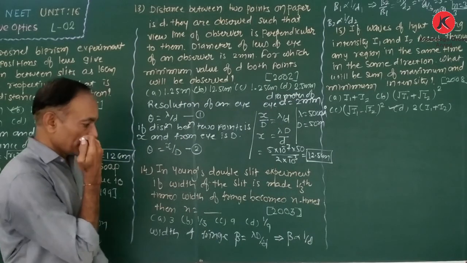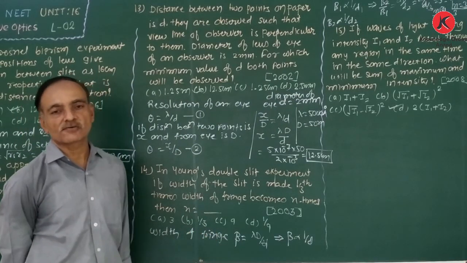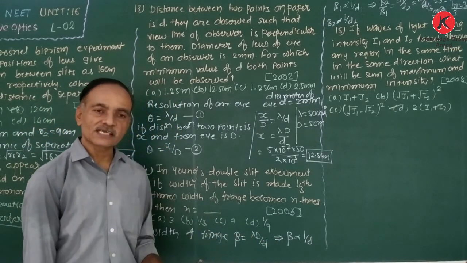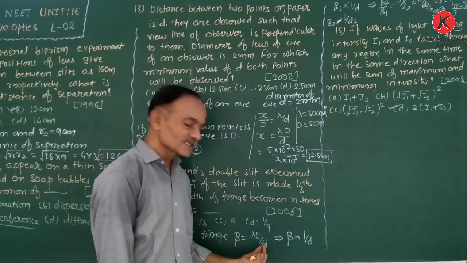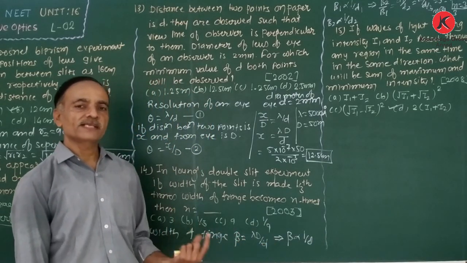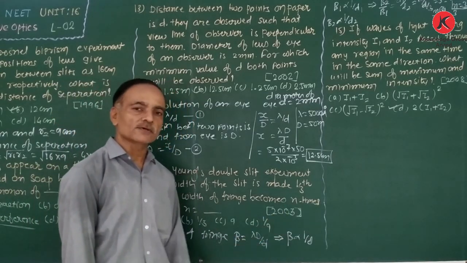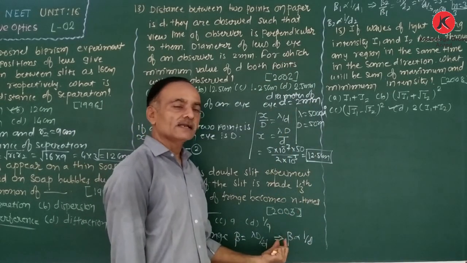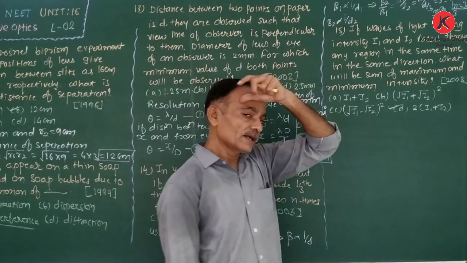Now here, we have to use the equation of the width of a fringe. Beta is equal to lambda capital D upon small d. Here capital D is the distance of the screen from the slit, lambda is the wavelength of light used, and small d is the width of a slit. Therefore, the width of a fringe is inversely proportional to the width of a slit. For beta 1 proportional to 1 upon d1, beta 2 proportional to 1 upon d2.